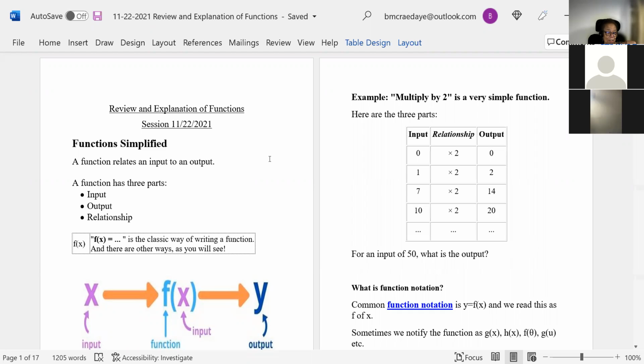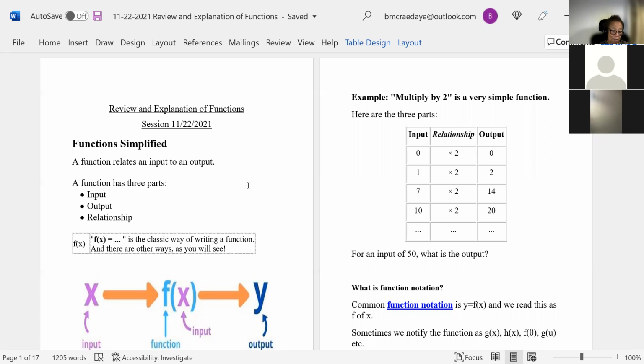So functions have what? An input and an output. And it's the relationship between an input and an output. And actually, you know what? We've been doing functions, but we just didn't call them functions. When we said y equals mx plus b, that's a linear function. We just write it as a dependent variable equal to a relationship with an independent variable.